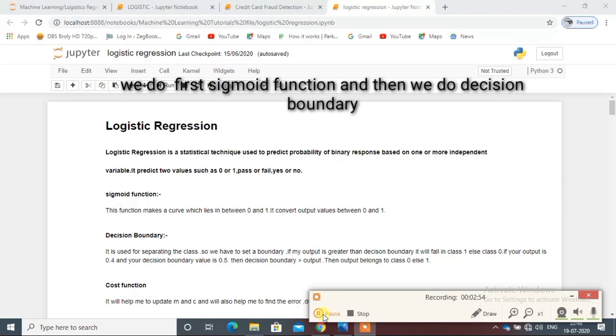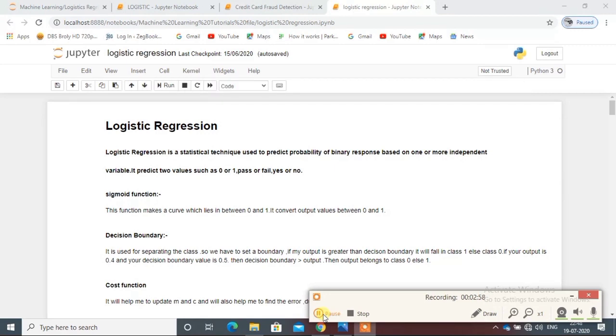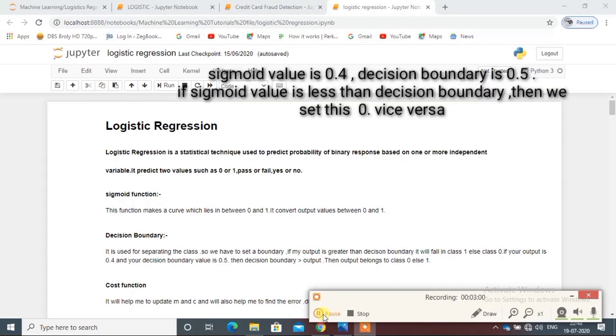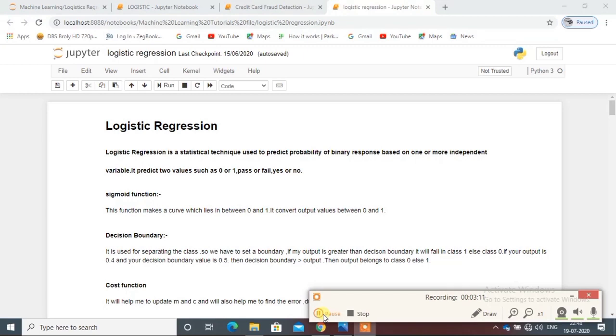Suppose your value is 0.3 and your decision boundary value is 0.5. If 0.3 is less than 0.5, it lies in 0, and if it is greater than 0.5, it lies in 1. We have to set that value into some range.